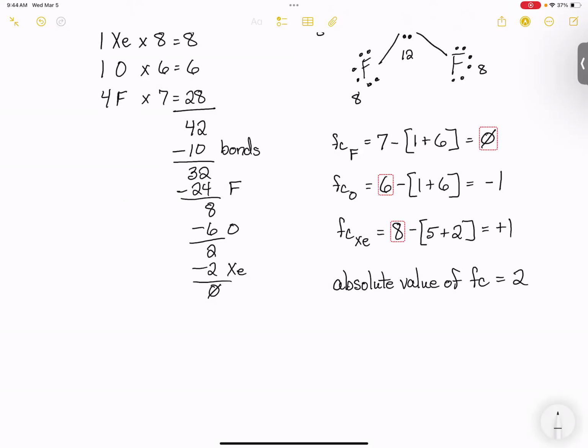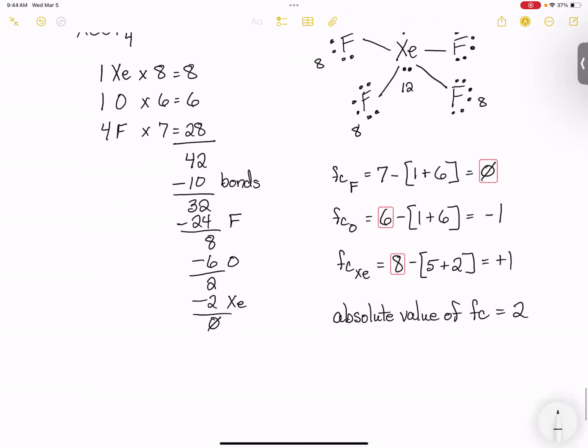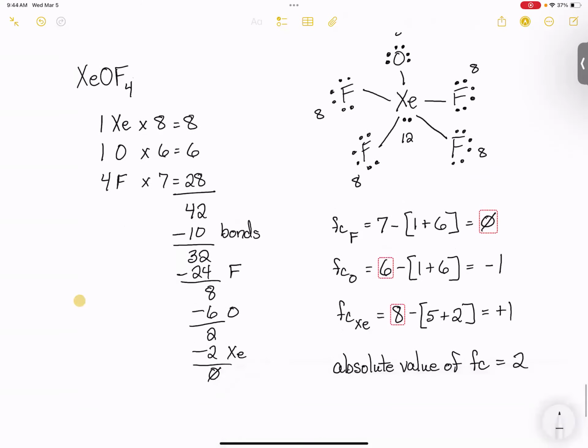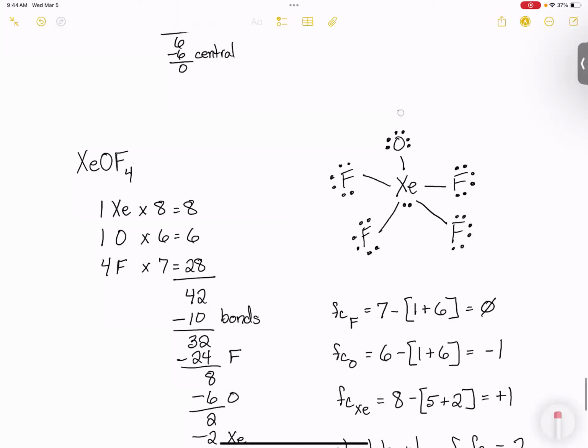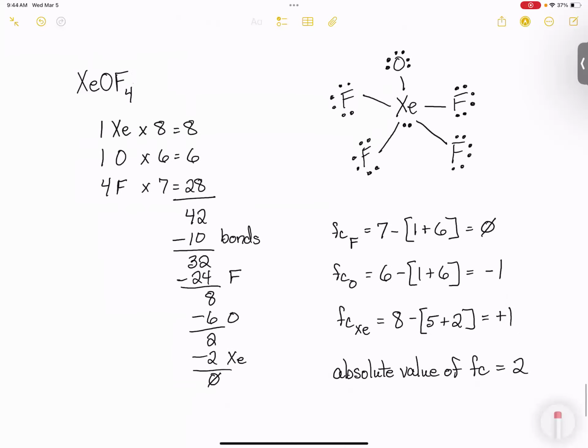The question is, can we reduce that? So currently, if we go back up here, and we look at the formal charge that we have assigned, each of our fluorines has a formal charge of 0.